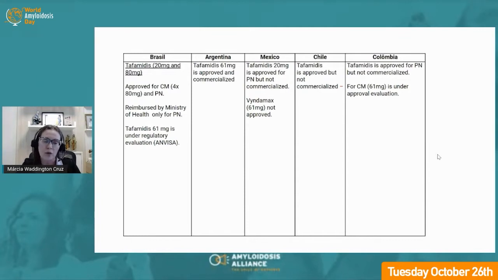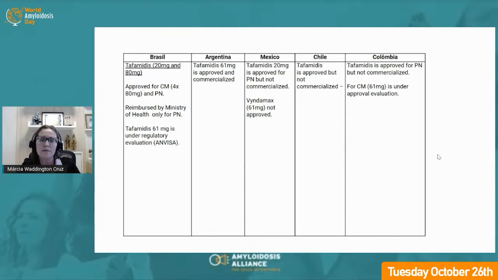Vyndaqel at the dose of 61 milligrams for cardiomyopathy is not approved. In Chile, Tafamidis is approved but not commercialized. In Colombia, Tafamidis is approved for polyneuropathy but not commercialized, and for cardiomyopathy is under approval evaluation. So we see the situation is not ideal, and this is only in some countries in Latin America.